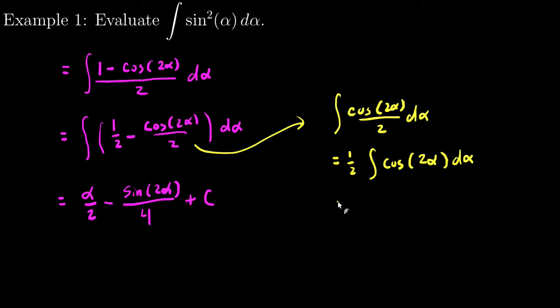Since I'm taking the antiderivative, I'm going to have sine of 2 alpha over 2, because if I were to take the derivative of this, the 2 that comes out would cancel out with this 2 down here, and I'd be left with cosine. So the antiderivative of cosine of 2 alpha is sine of 2 alpha over 2, because the derivative of sine of 2 alpha over 2 is cosine of 2 alpha. And in here I have sine of 2 alpha over 2 times 1/2, which gives me this over 4.